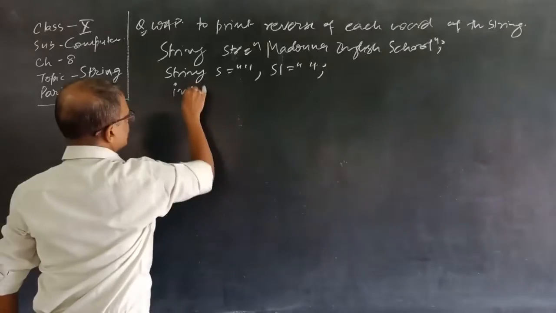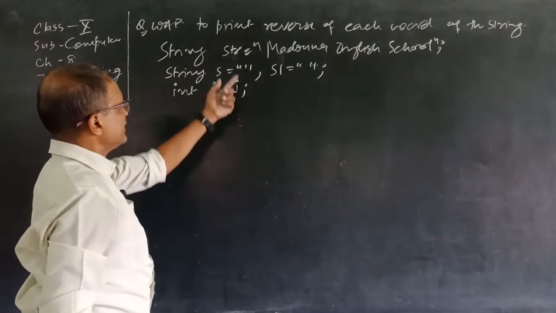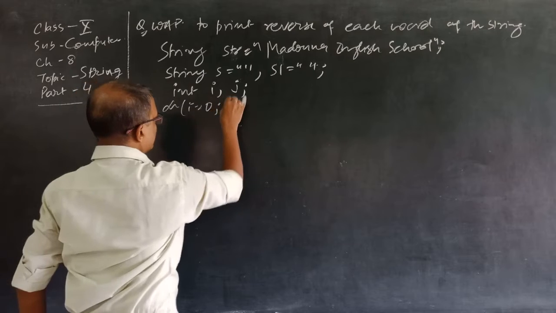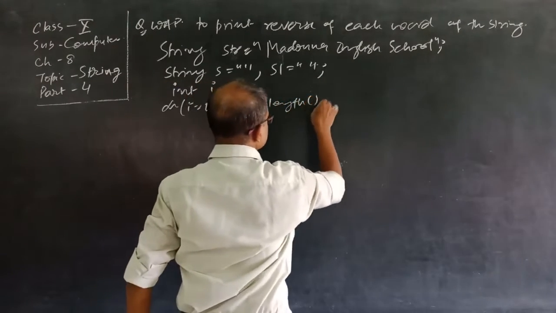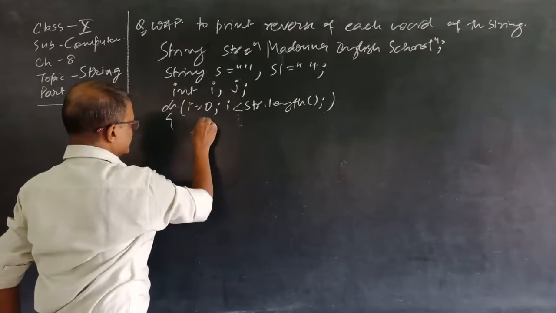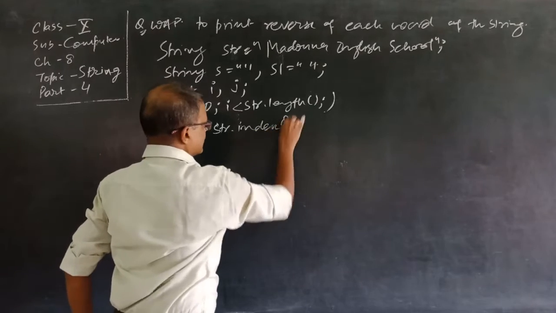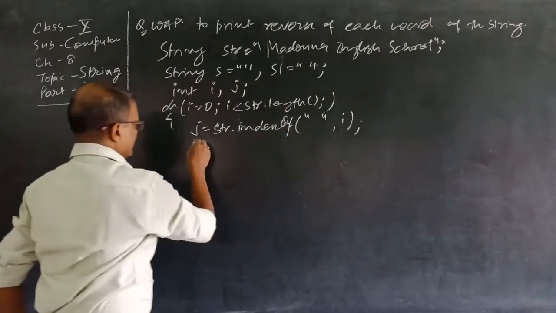Okay, declare two variables to run the loop and to store the index of each space. Apply the loop for i equal to 0, i less than str.length. That's it.